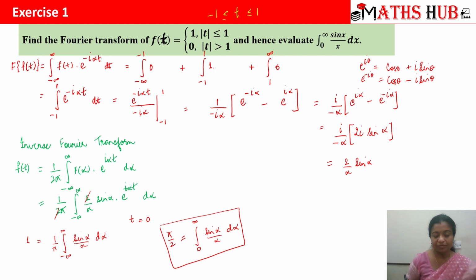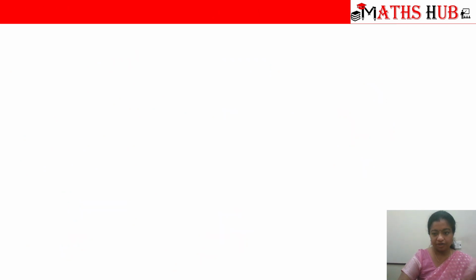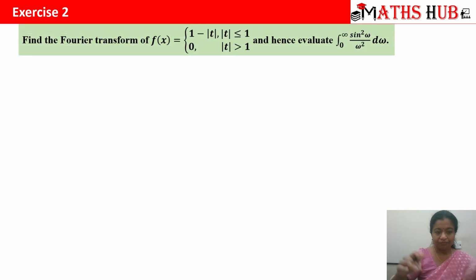So it comes out to be pi by 2, right? I hope you understood how we applied the transform and the inverse Fourier transform. Okay. Now let's move to the next question.